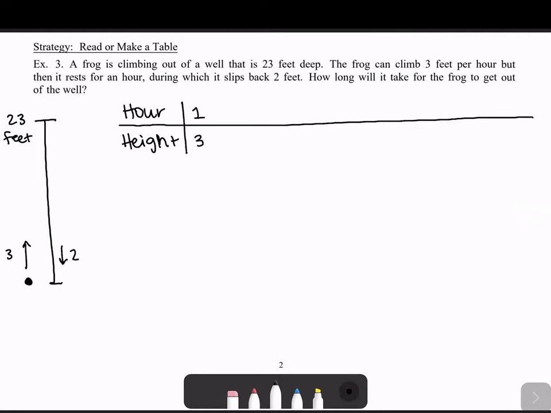The frog climbed 3 feet in the first hour. But then in the second hour, it rests for an hour, during which it slips back 2 feet. So then it's back at 1. Then we have the third hour, in which the frog goes up another 3 feet up to 4. And then in the next hour, it slips back 2 feet back to 2.